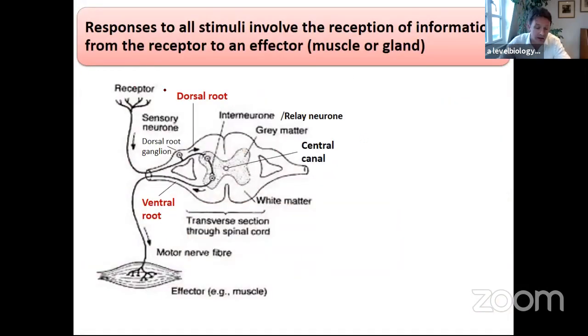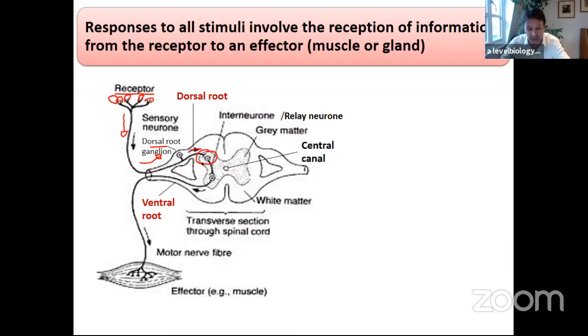So if we look at a reflex arc, we've got a receptor, and if we take as an example a touch receptor, we'd have a Pacinian corpuscle around the end of the dendrites. We send the action potential if we've achieved a higher than threshold level stimulus. Then we start an action potential, it travels along, goes through the dorsal root ganglion and then into the connection, which is the synapse between the sensory neuron and the relay neuron.